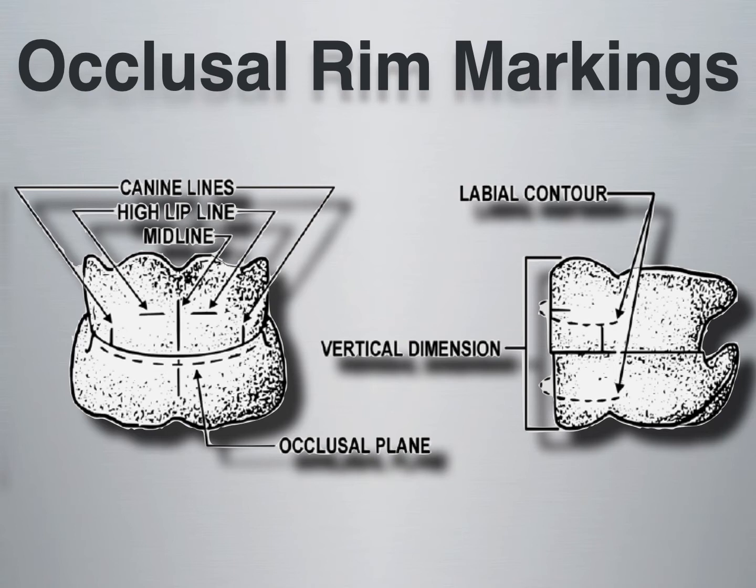Then our canine lines, also known as eye lines, because on average, most of the time, these teeth line up with the inside of the eye line, right? Almost like the ala of the nose on the sides. And obviously, like we spoke, they'll contour labial contours and achieve occlusal vertical dimension.